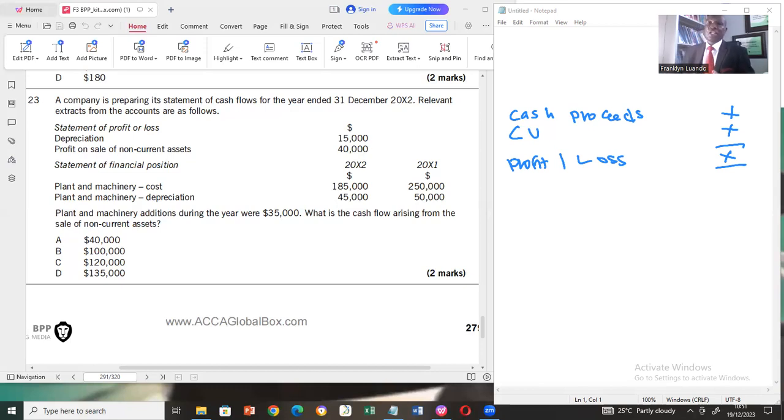There are two ways of working this out. I'll show you the easier one, which is quicker: prepare the PPE account at carrying value.